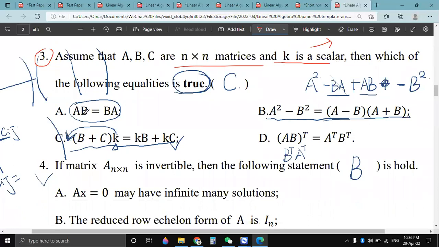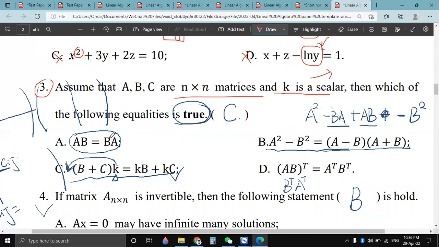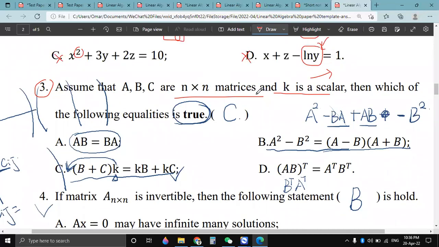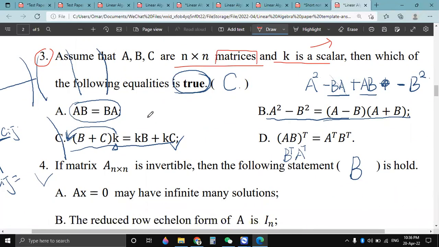So the first option here, AB is equal to BA. Okay, so you know that this is a matrix, right? So matrices are related to vectors. So if you multiply, like if you see AB vector, it will be minus BA vector, right?